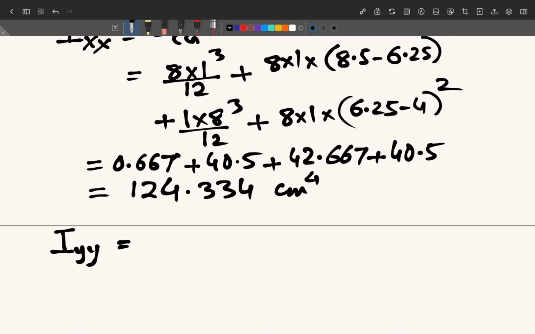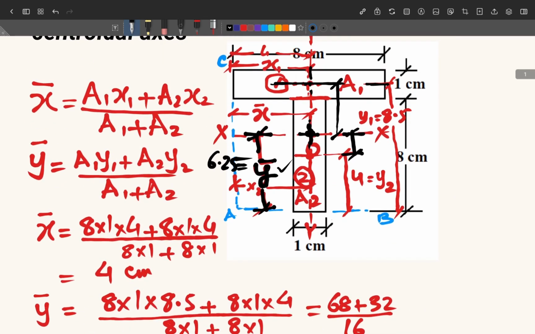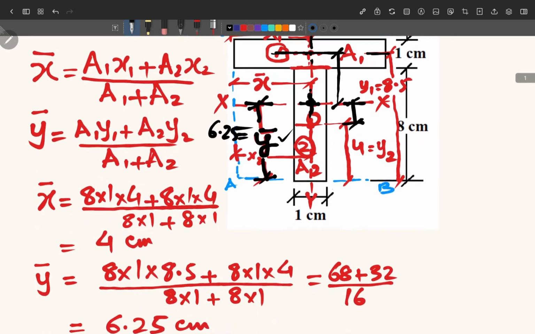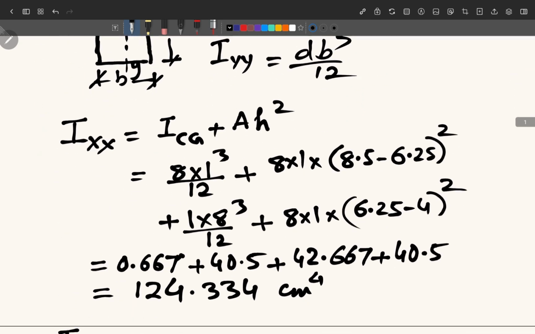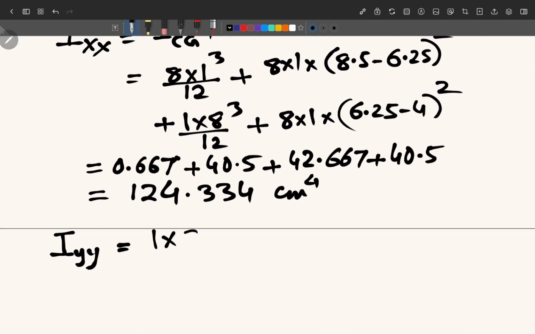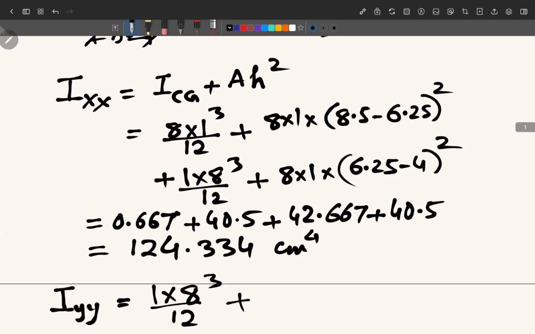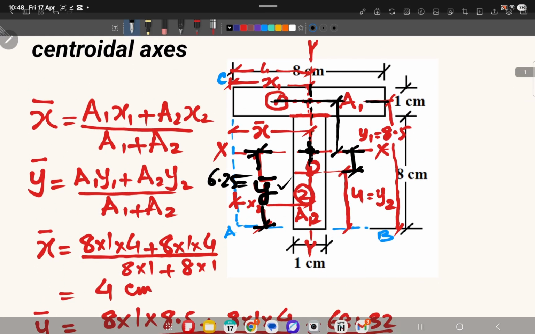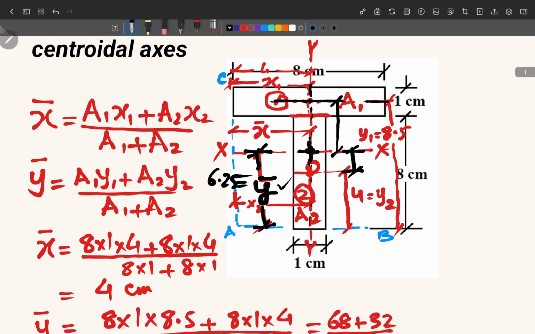So Iyy is equal to, for area number 1, bd cube by 12, where b will be 1 and d will be 8. So 1 into 8 cube by 12. Then the other one is your second area. In that case our y-axis is this one, so the base will be 8 and the height will be 1.